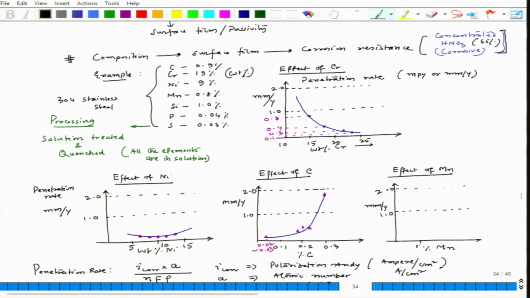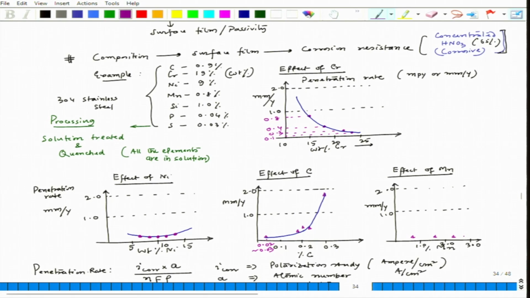It can vary from 1.0, 2.0, 3.0 like this, and you will see that the manganese content, as we have talked about, around 0.8, will be here, and then close to this will be here.